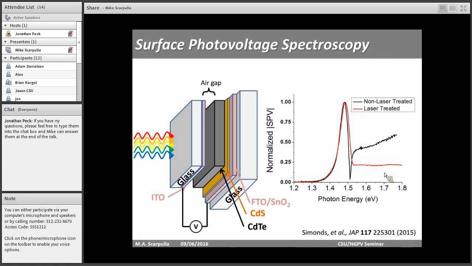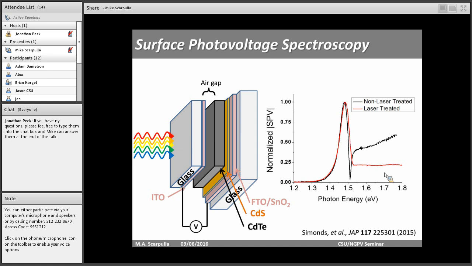So the geometry looked like this. We're measuring that voltage across this air gap on samples that we either did or did not irradiate with 1064 nanometer light. On the right-hand side, the black trace is the modulus of the surface photovoltage signal.